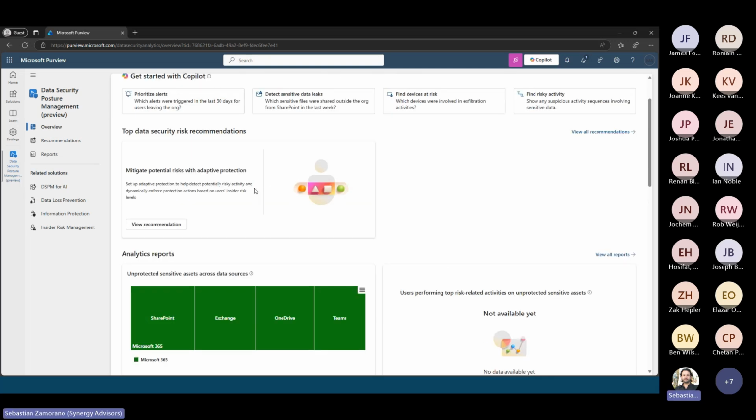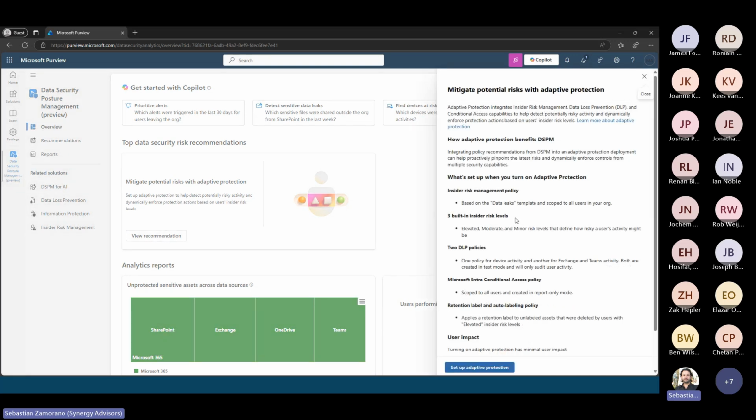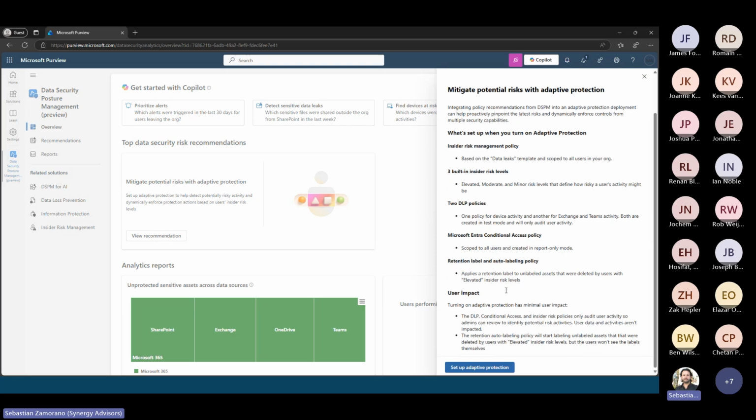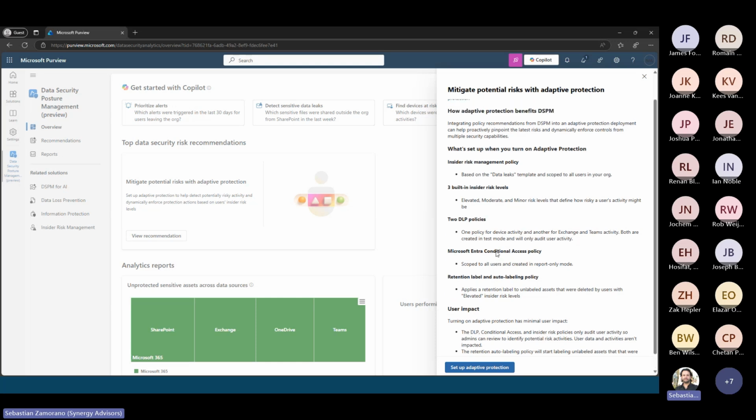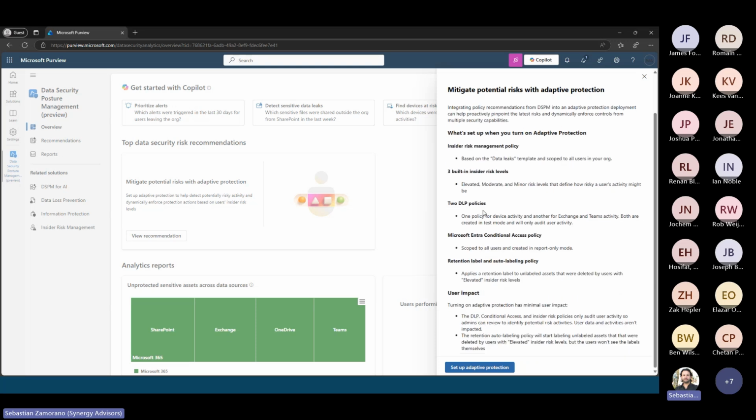But here I have one of the recommendations, as I mentioned. Here I can see that I need to set up the adaptive protection. In this case, I will have Microsoft Entra conditional access and retention labels. You can see that inside the risk management, I will create policies. Several things will be created the moment I press that button.